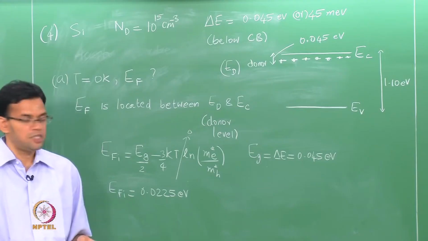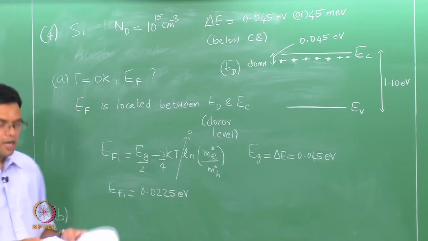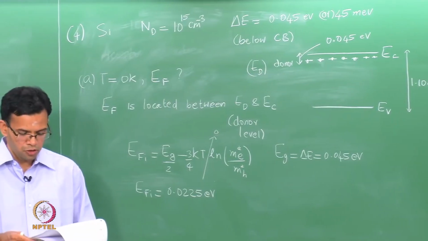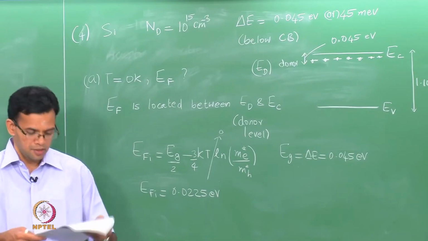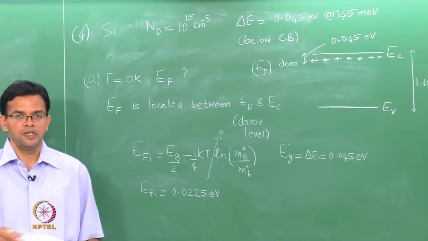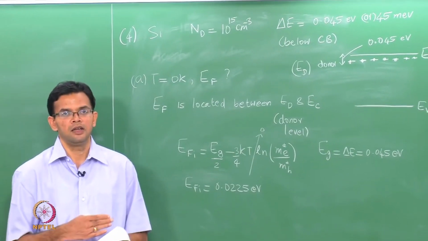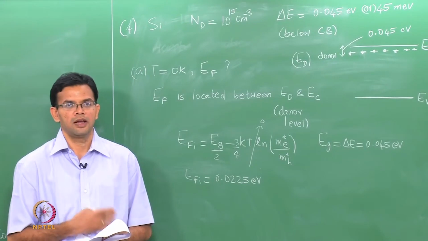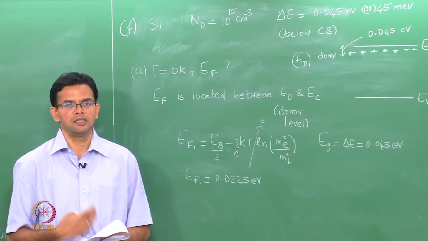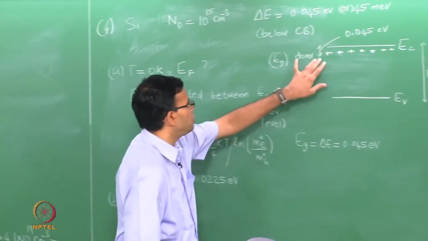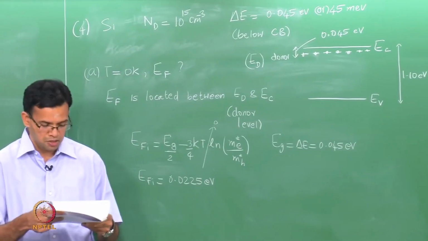So, this is part A. In part B, at what temperature is the donor 1% ionized, and where is the Fermi level located at this temperature? So, we start at 0 Kelvin, where we have a donor level that is not ionized at all, and a conduction band that is completely empty. We then start to increase the temperature, so that electrons from the donor level start to move and occupy the conduction band.